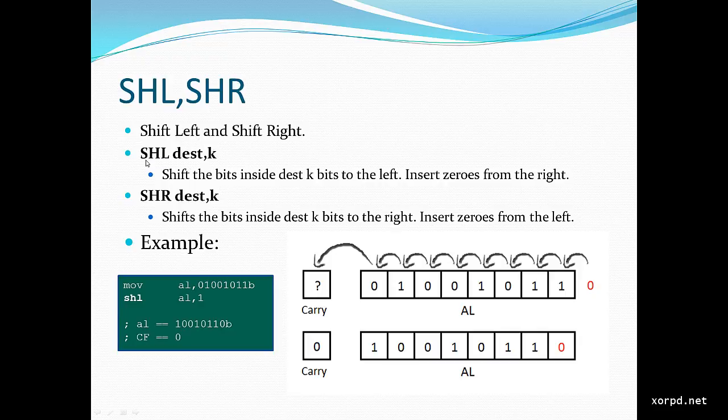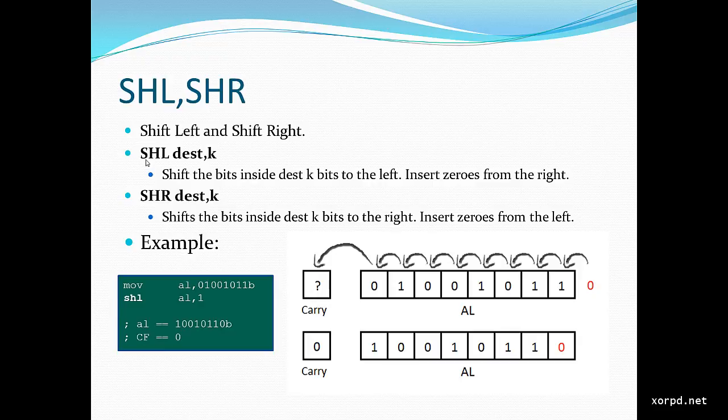This instruction shifts the bits inside dest k bits to the left, and it inserts zeros from the right. The dual instruction shift right also has two arguments, dest and k. It shifts the bits inside dest k bits to the right, and it inserts zeros from the left.